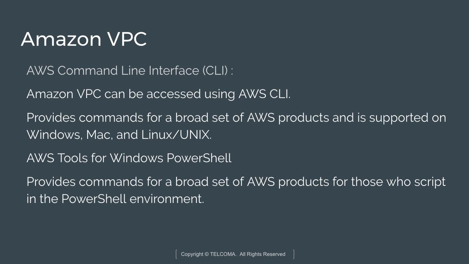We have a second option: with the help of the AWS command line interface, we can also access Virtual Private Cloud. We have to provide commands which are supported in Windows, Mac, Linux, Unix, etc. We can have various AWS tools for Windows PowerShell, and we can provide commands for a broad set of AWS products.